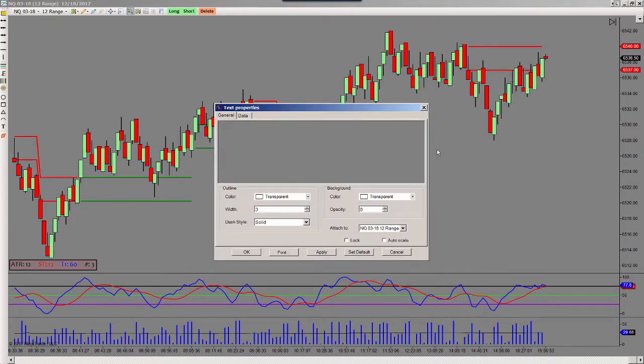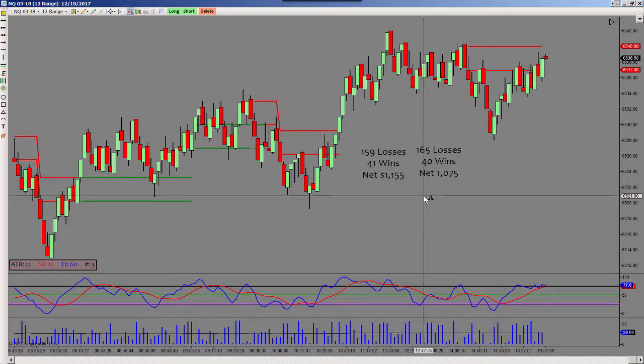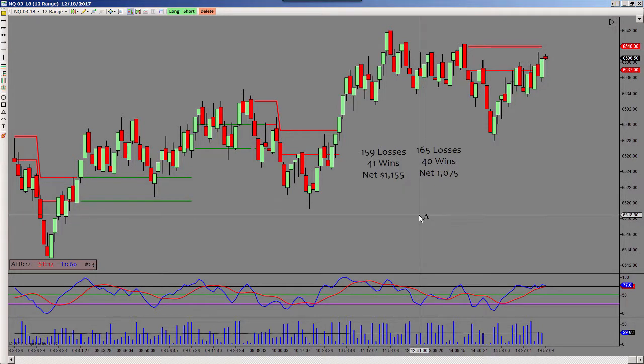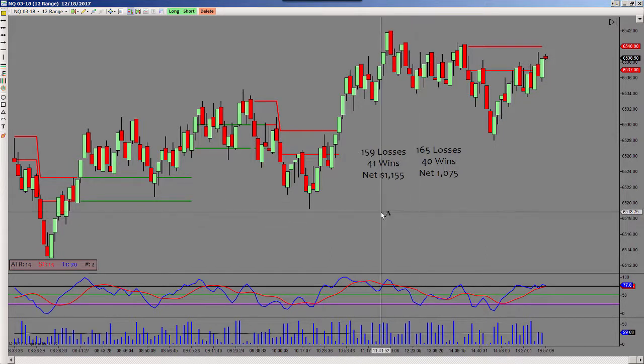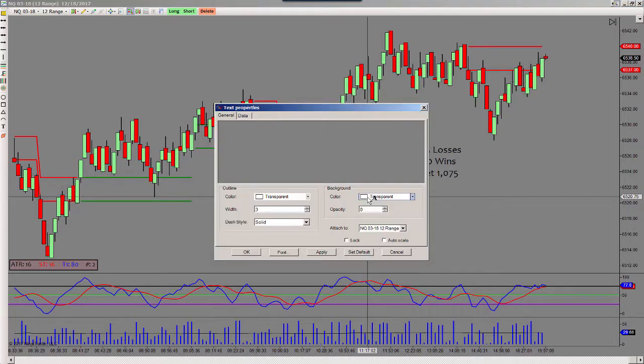So that data, very similar, okay? Very similar. Okay, then I got a little crazy, right? I said, what if I increase my risk? And I go to a 12 range again and use a 14-tick stop.